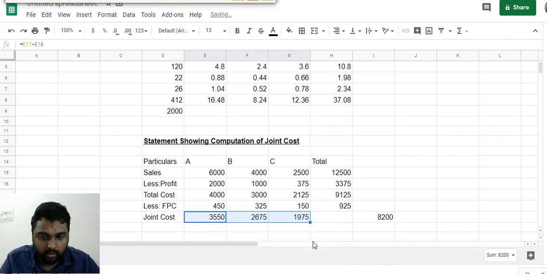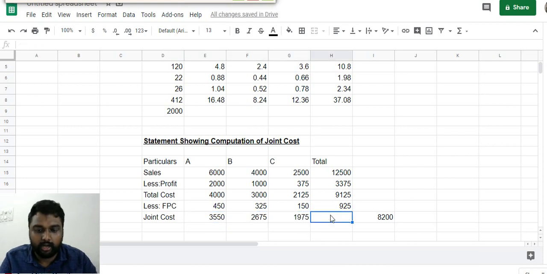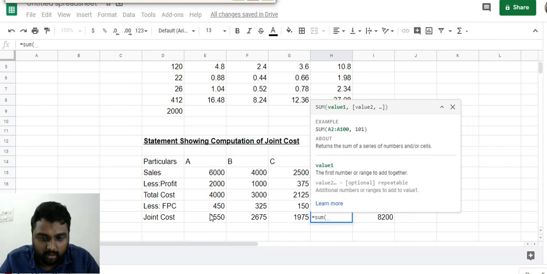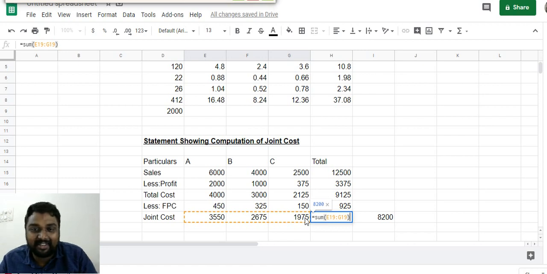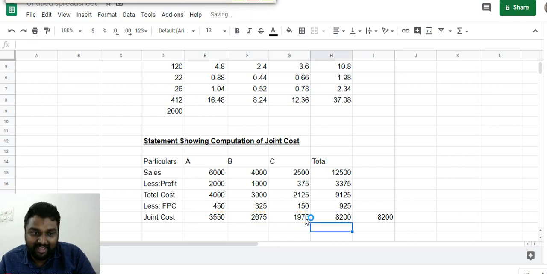Here we get the joint cost of all three products. You can take all three products' total. This total must be 8,200. Is it correct? Yes. That means your answer is correct. This is how you have to find out the joint cost.